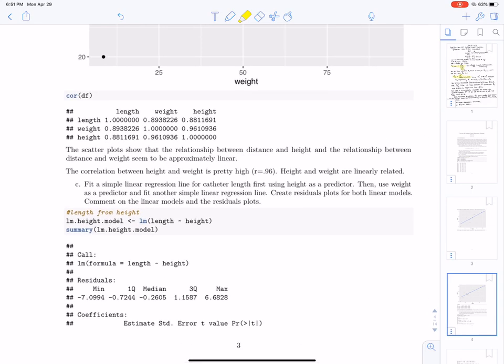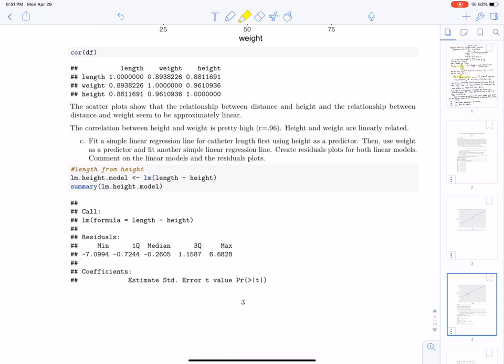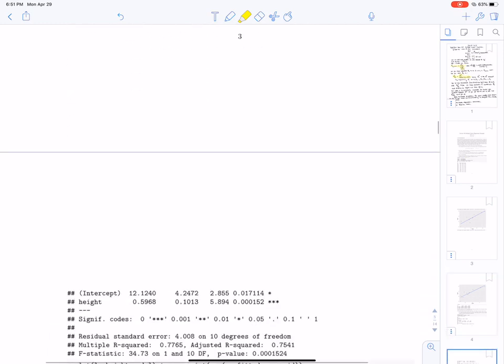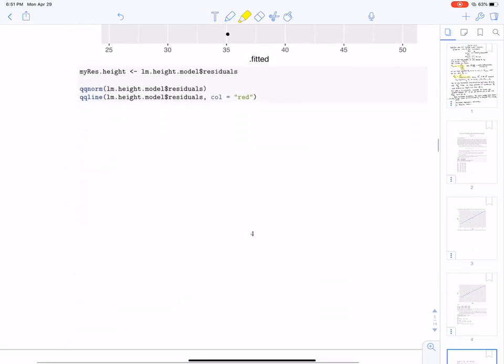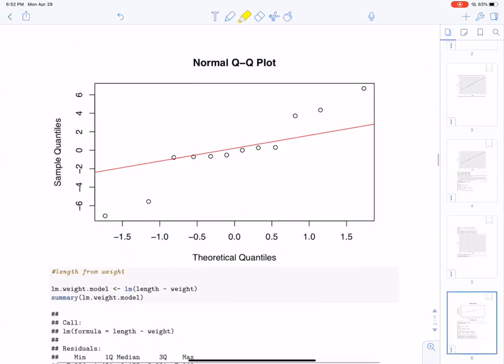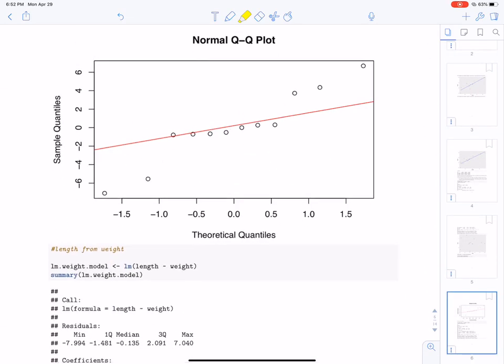So now we're going to make a linear model, a simple linear regression of length on height, and we see from this that we can reject the null, so there's a significant relationship between them. We can look at the residuals, and that's not great.